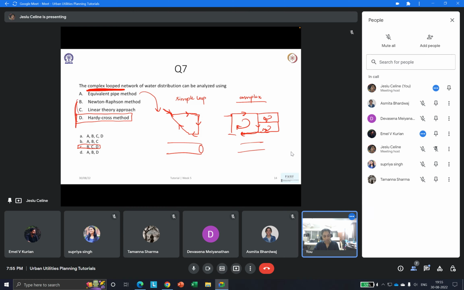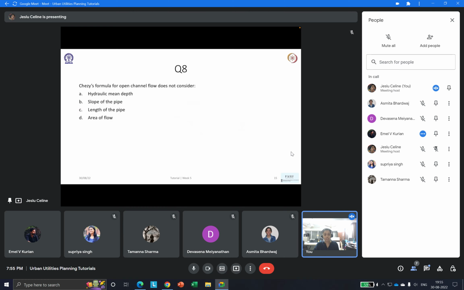Let's proceed further. Chezy's formula for open channel flow does not consider which of the following? Let's write the formula first so that it becomes easier. So what is Chezy's formula? Q is equal to A into C root M into I. Now what is A?